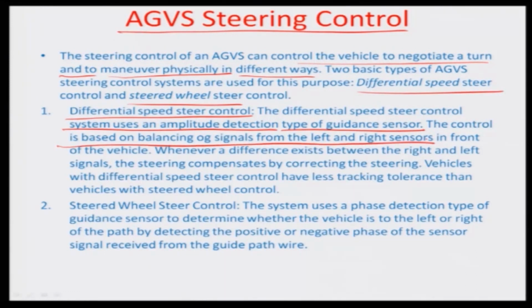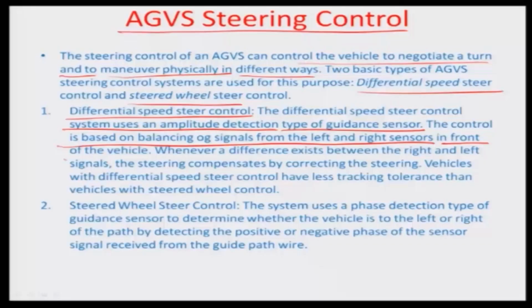Basically the signals come from the wheelbase of the AGVS, typically at the front of the vehicle, and if the left and right signals have a mismatch, obviously there has to be some kind of steering action so that the AGV is put back on track. The differential speed would set in a turn, but if you want to avoid the turn, you have to give a reverse signal so that it keeps on track. That is the whole idea.